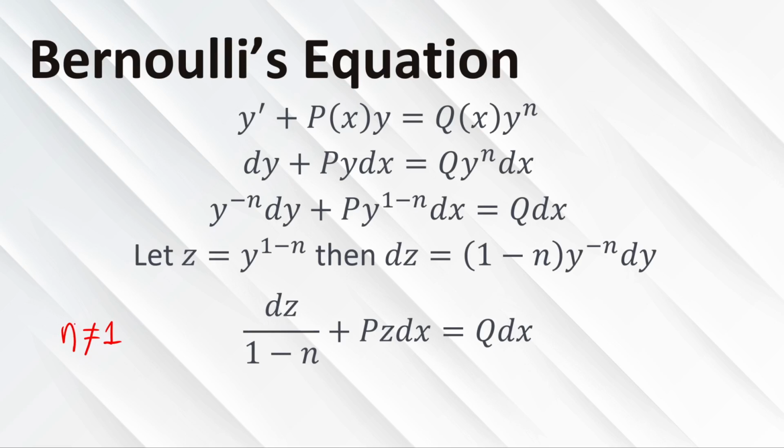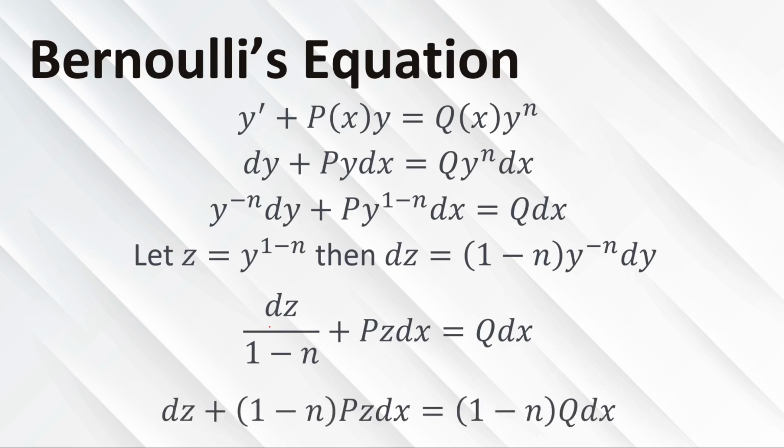Kaya that is also one reason kung bakit we consider n or all values except 1. And since number itong si 1 minus n or that n is a constant number, pwede nating i-multiply siya sa lahat para lang matanggal siya sa denominator, and we will end up with 1 minus n dz dx equals 1 minus n q dx.